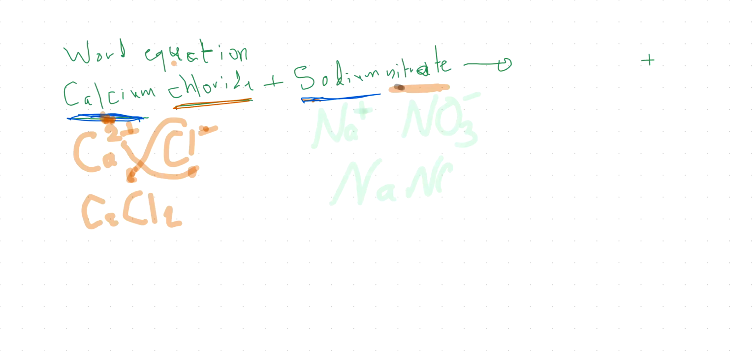Sodium will react with the chlorine. Okay, sodium will react with whom? Sodium will react with the chlorine, the negative with the positive. And calcium will react with the nitrate. So I will bring it here. Calcium with whom? Calcium with nitrate.